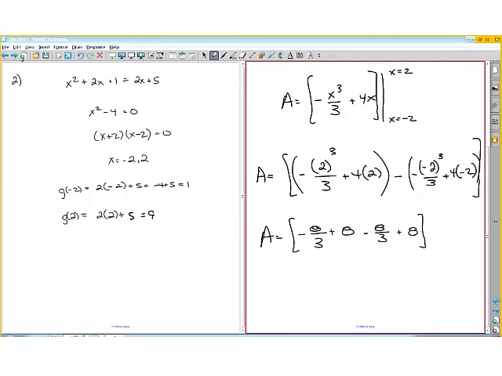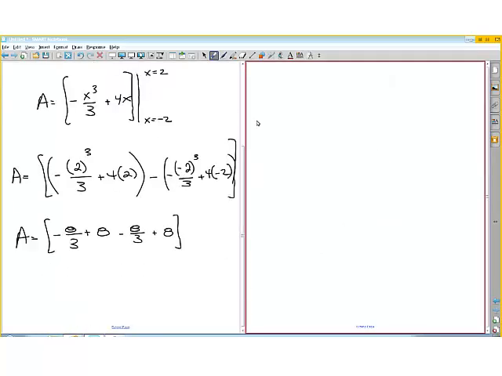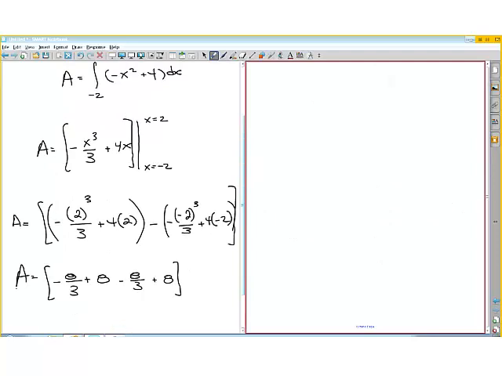So let me go to add another page. So 8 plus 8 is 16 minus 8, negative 8 minus 8 is negative 16. So we get negative 16/3. And we find a common denominator, which is 3.